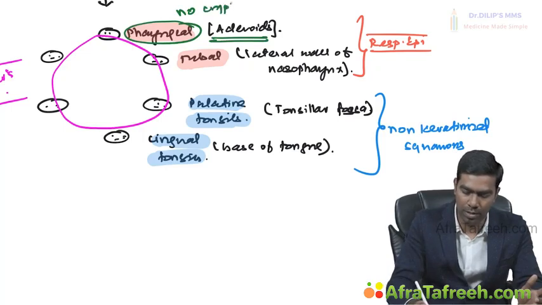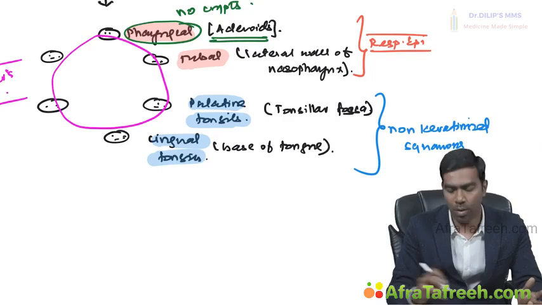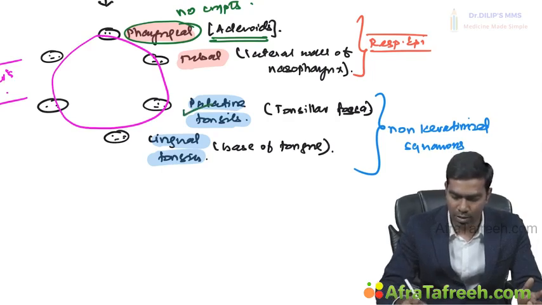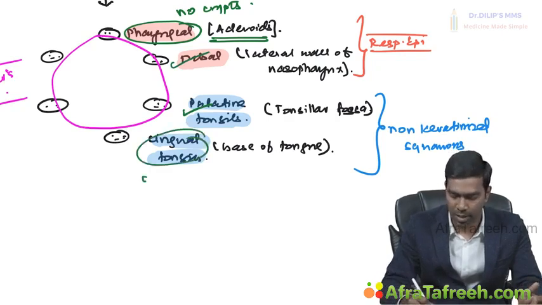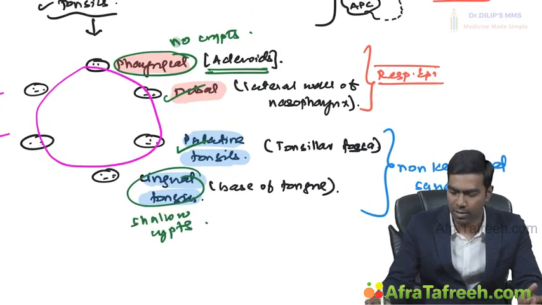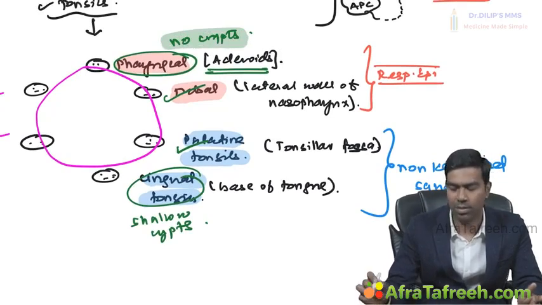They do not have any crypts. Prominent crypts will be seen in the palatine tonsils and probably in the tubal tonsils. Lingual tonsils will have crypts, but only shallow ones. But remember, in the exam, if they ask which of the tonsils does not have crypts, it definitely goes to the pharyngeal tonsils, that is the adenoid group only.